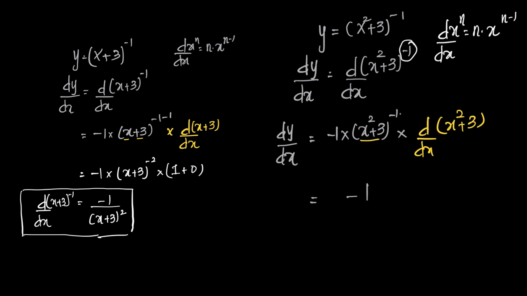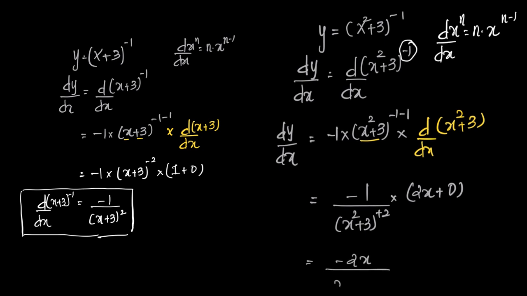So this is minus 1 by x square plus 3 to the power plus 2 into what is the derivative of x square? It is 2x. What is the derivative of 3? It is 0. So this becomes minus 2x upon x square plus 3 the whole square.